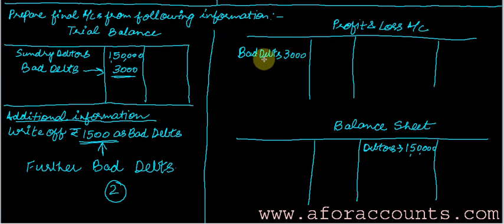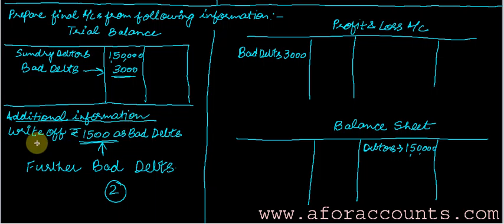Only one effect, no deducting from the balance sheet because it is already done. This 1,50,000 is the balance after deducting this 3,000. So I will not do it again because this has already been done. That's why I am getting this bad debts in the balance sheet. I am getting it from the balance of the trial balance only, no? So this is done.